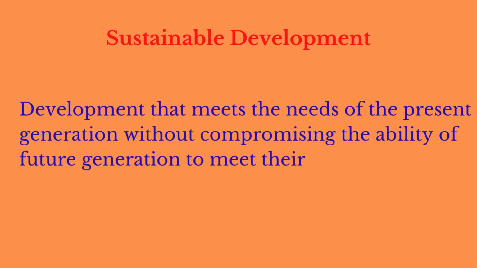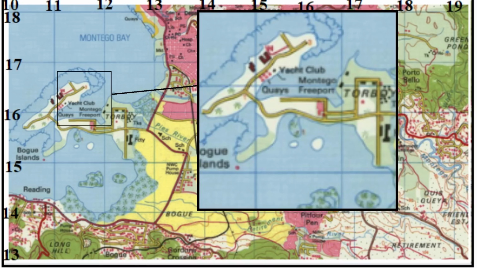This means that through sustainable development, our natural environment and resources, including our fisheries, must be preserved. So this means that both fishing as well as tourism must be carried out in a sustainable manner.